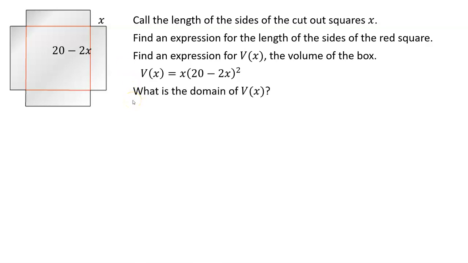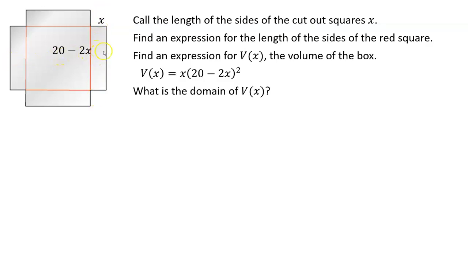Now, we need to consider the domain of this function. If x was 0, I wouldn't have a box. It would just be a flat piece of paper. So our x has to be greater than 0. Now, if my x were to get bigger and bigger, there would be a point where the cuts would meet each other.